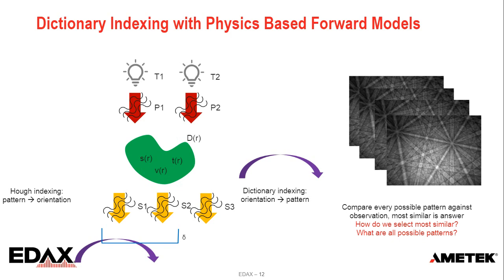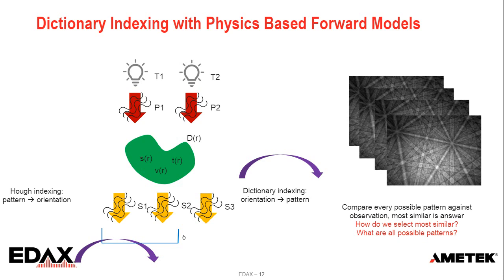So if you have the master pattern for the cubic phase and the tetragonal phase, you can generate some simulated patterns and see how difficult these are to tell apart, and how much noise they can tolerate before I can't tell them apart.